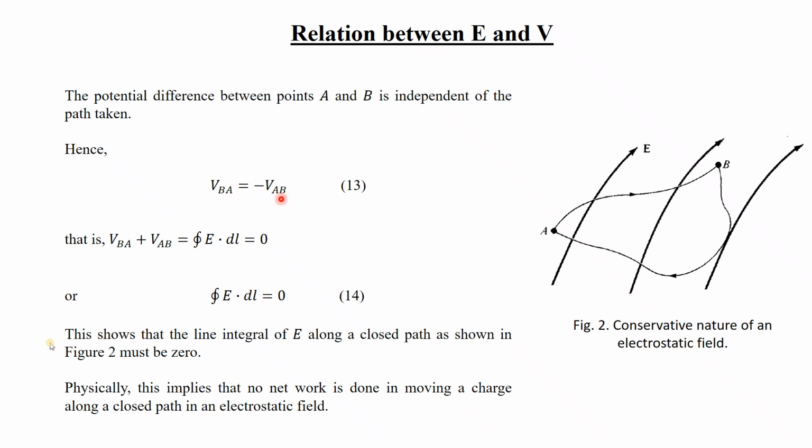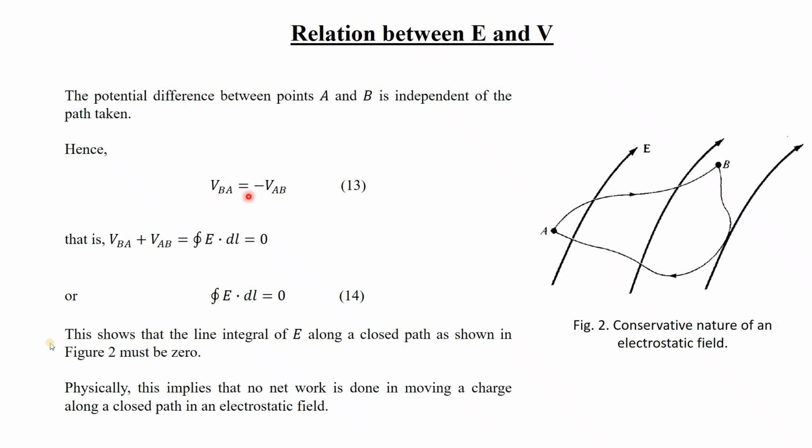That means magnitude wise they are equal, so they are independent of the path. But since the paths are opposite to each other, we give a negative sign. The magnitude is independent.